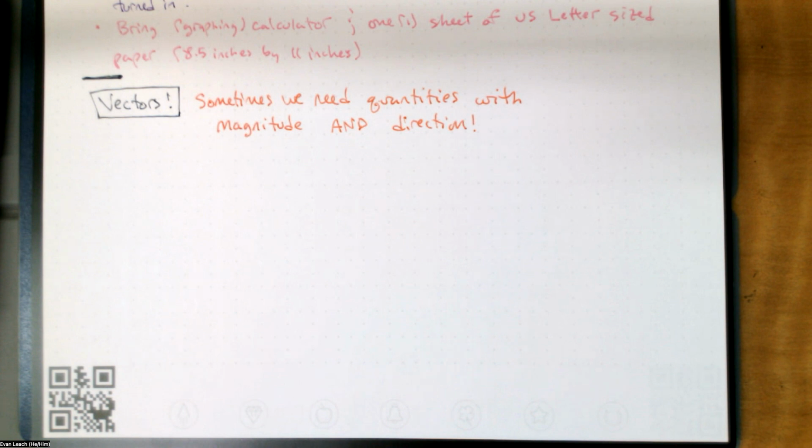Sometimes we need a quantity with a magnitude and a direction. Magnitude is not enough. We need some kind of direction along with it. What I mean is we're making quantities that are different than scalars.